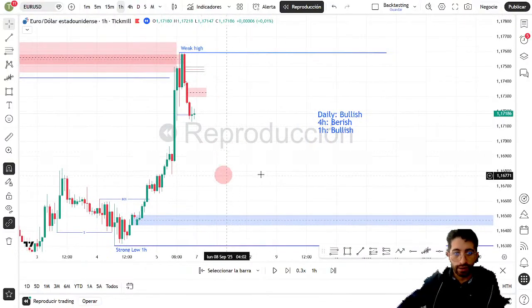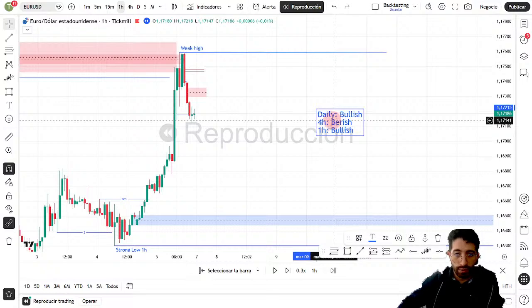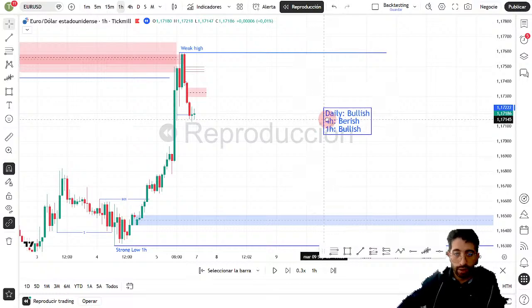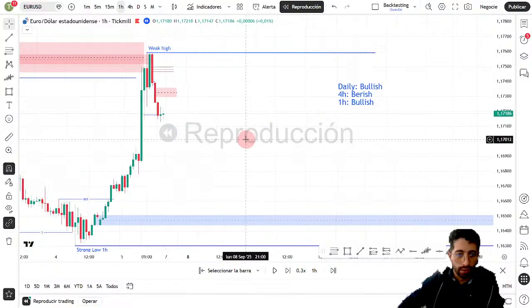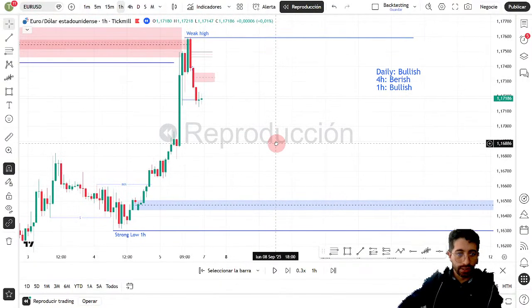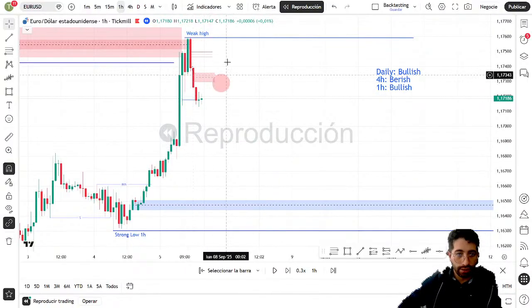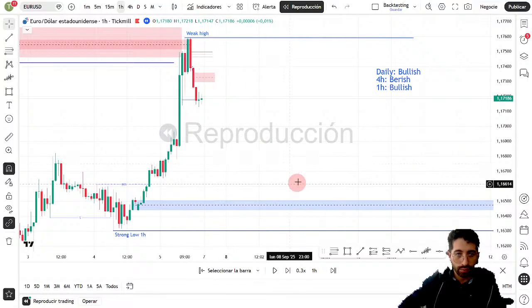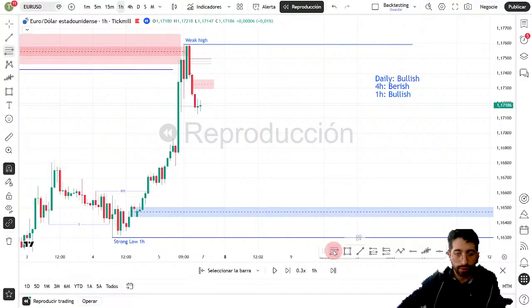So even though the 1 hour time frame is bullish, it has reacted in a 4 hour bearish order block, a supply order block, or an order block that has a lot of selling orders. And as we actually are here, there are 2 possibilities for the market. What are the 2 possibilities?